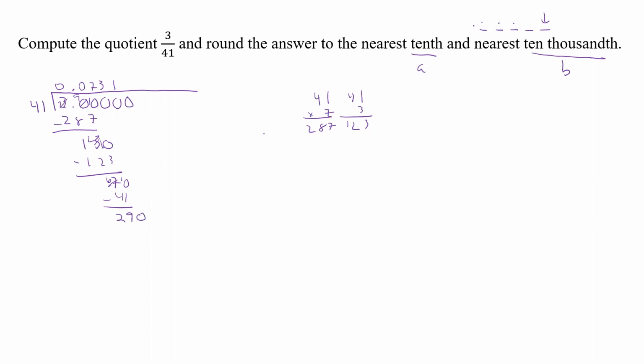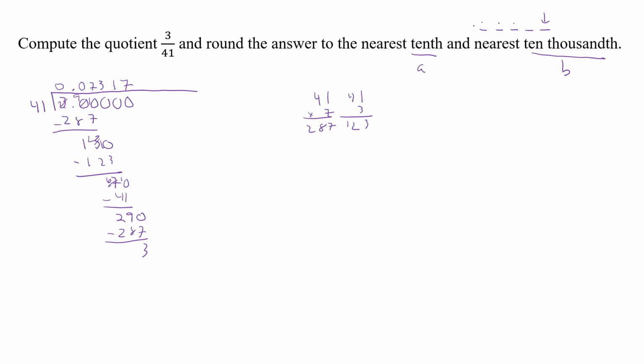And so, well, I'm going to use 7 again here. And that's going to give me 287. So then if I subtract that, that's 3. Now I've got the 1, 2, 3, 4, 5 digits, which is what I need. And so now I can basically stop.